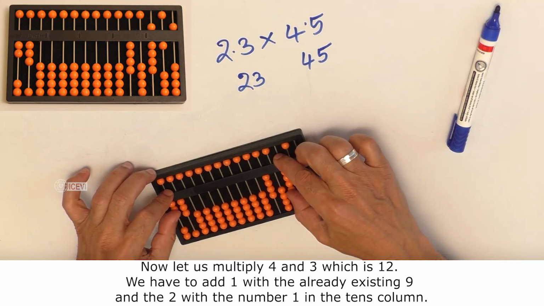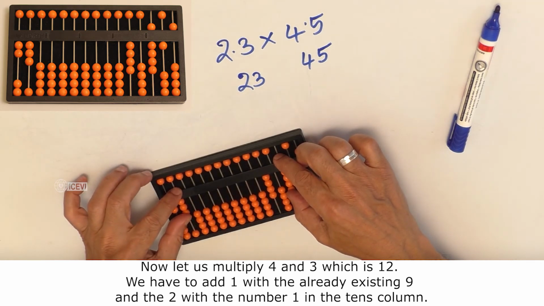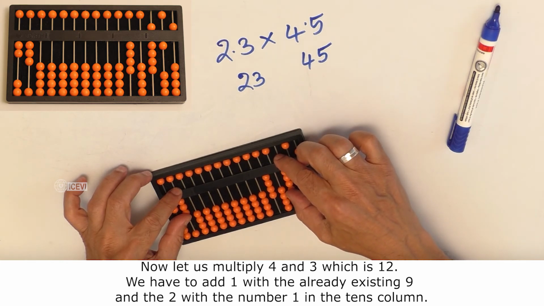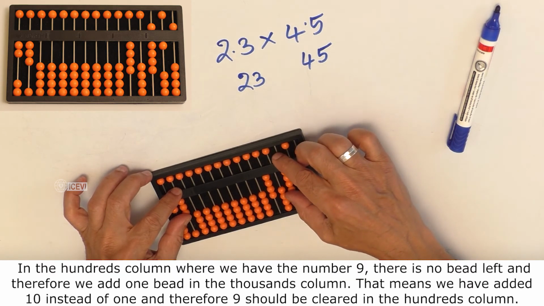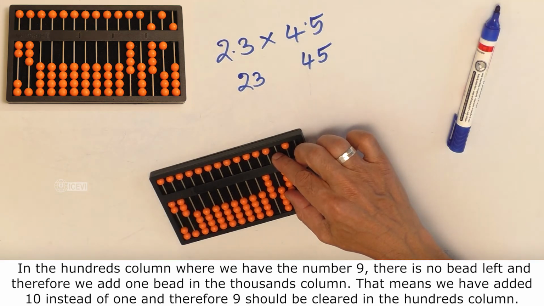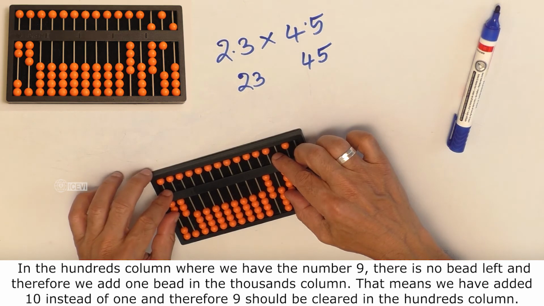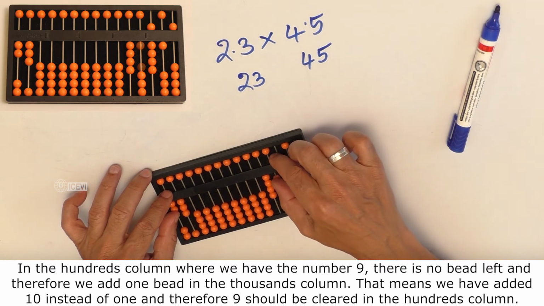Now, we multiply 4 with 3, which is 12. We have to add 1 with the already existing 9 and 2 with the number 1 in the tens column. In the hundreds column, where we have the number 9, there is no bead left, and therefore we add 1 bead in the thousands column.